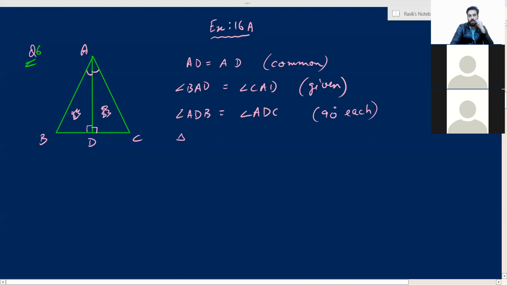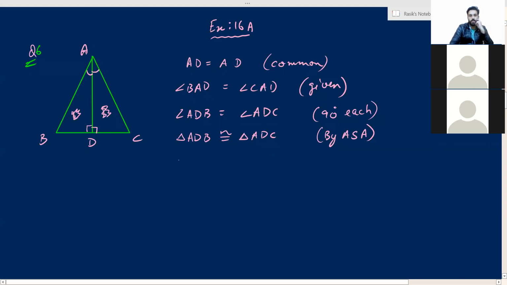Now we can say that triangle ADB is congruent to triangle ADC by ASA, angle side angle criteria.